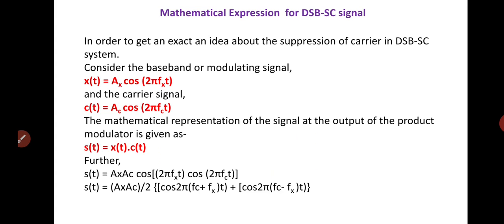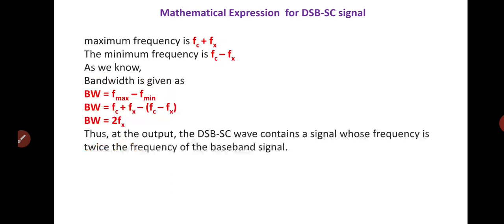So here s(t) = x(t) × c(t). Substituting the above equations in this, we will get s(t) = Ac cos(2π fx t) × cos(2π fc t).